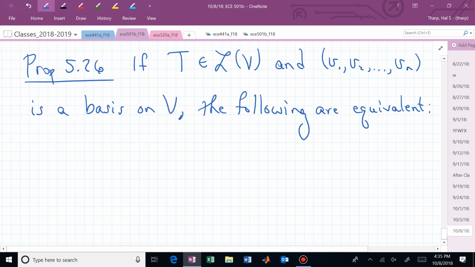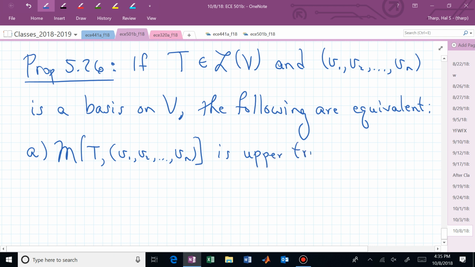A, the matrix representation of T, and let me just go ahead and be explicit with V1, V2 up to V sub n. Let me just say that that is upper triangular, and for notation purposes, I may just say UT.